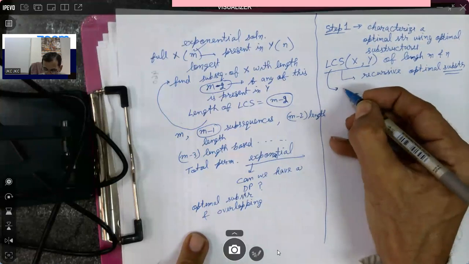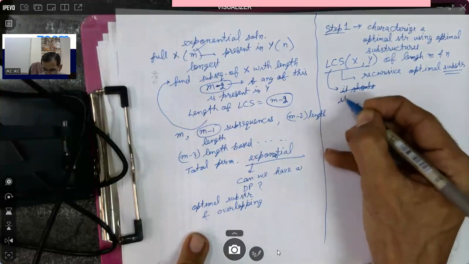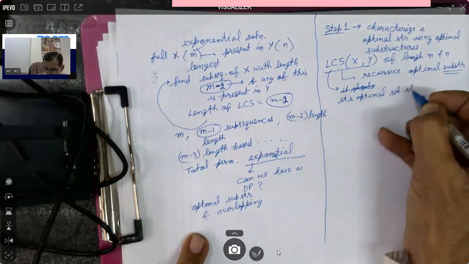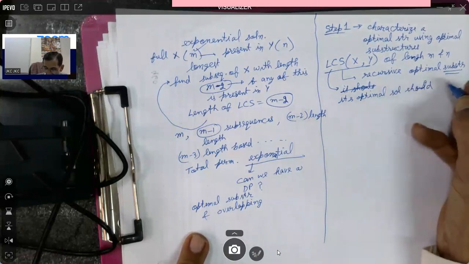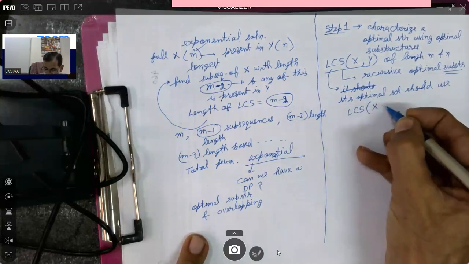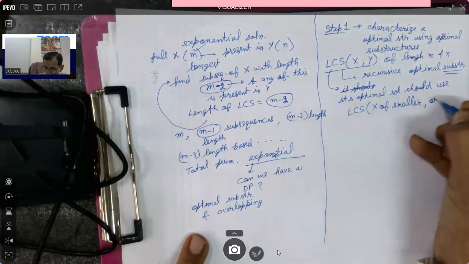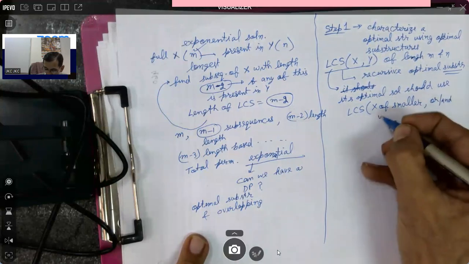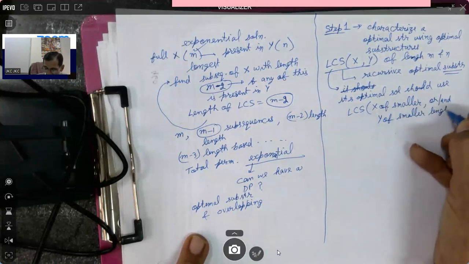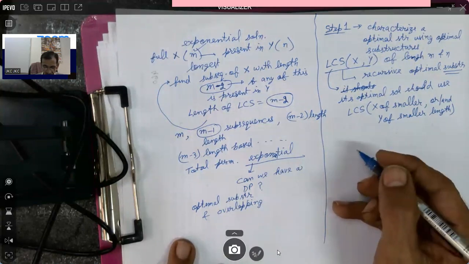That effectively means its optimal solution should use the LCS of the same X and Y with a smaller length, X of a smaller length or Y of a smaller length, or maybe both. So if I am able to plan that way, my solution works well. So I have to effectively design my solution that way.